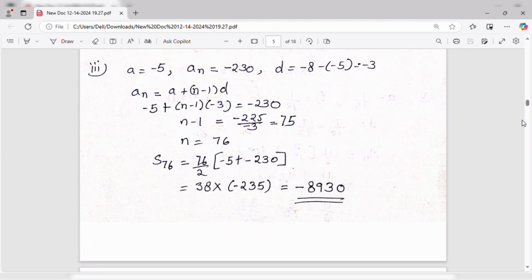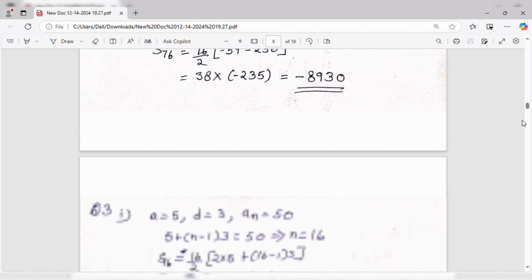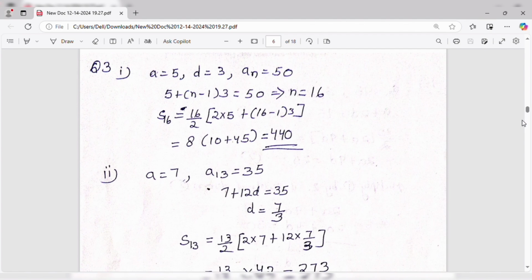In the third part, a is minus 5, an is minus 230 and d is minus 3. We will use an to find n, where n would be 76 and S76 would be minus 8930. In the third question, we are given several cases in which some of the variables a, d, an or n are provided and the other things we are asked.